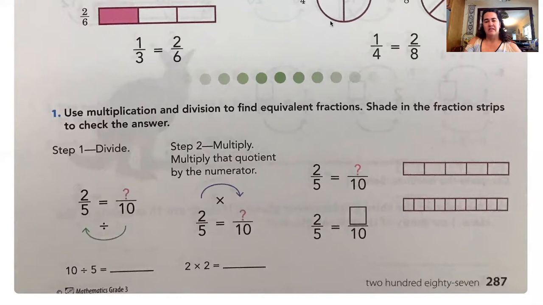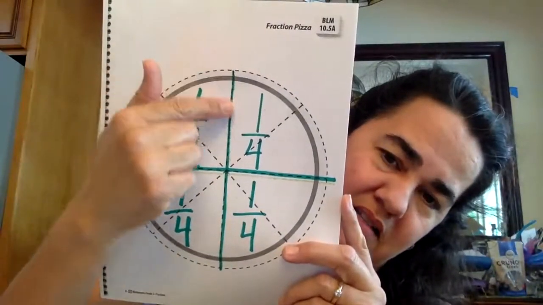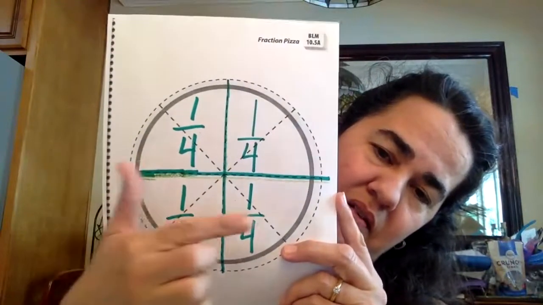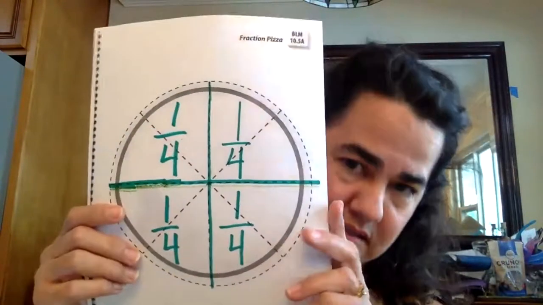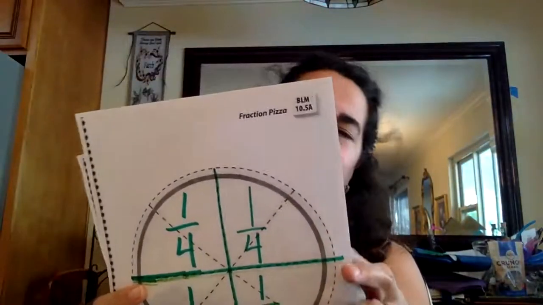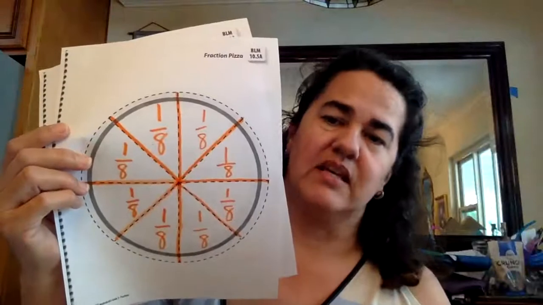Let me go ahead and stop sharing this and take a look at my fraction pizzas. So this pizza is cut into fourths. We're only concerned with the green lines. So this one and this one. So I'm looking at one pizza that's cut into fourths. Okay, here I'm, whoops, wrong way. Here I'm looking at a pizza that is cut into eighths, just like it showed us.